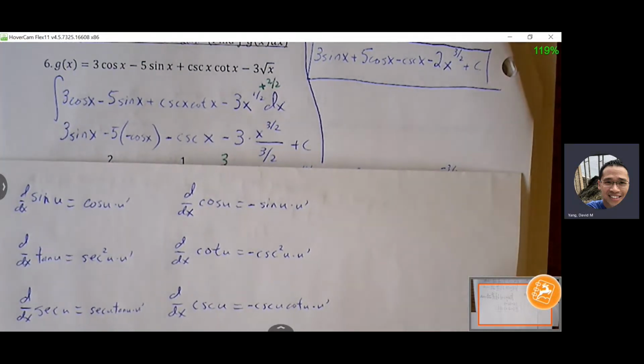Cosine becomes sine, sine becomes negative cosine, cosecant cotangent becomes negative cosecant.